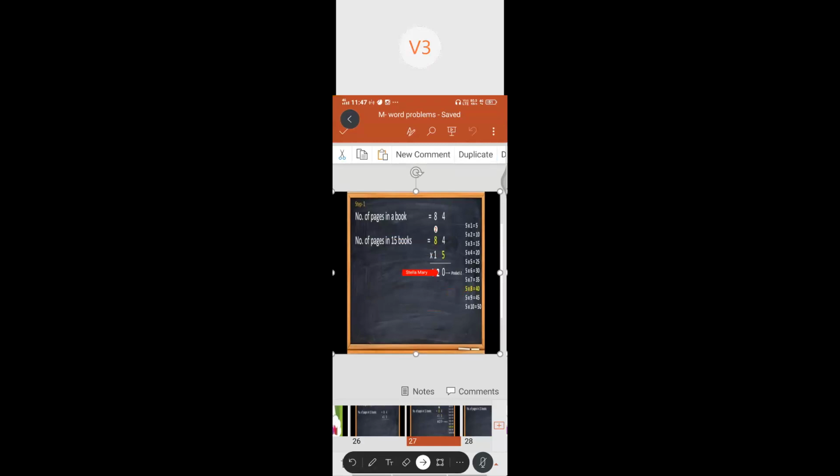Is it 5 fours are 40? Children, what will come there? 5 fours are 20. Got it? So 0 comes down and 2 moves as a carry over to the tens digit. Got it? Then next what will come? 5 eights are 40.